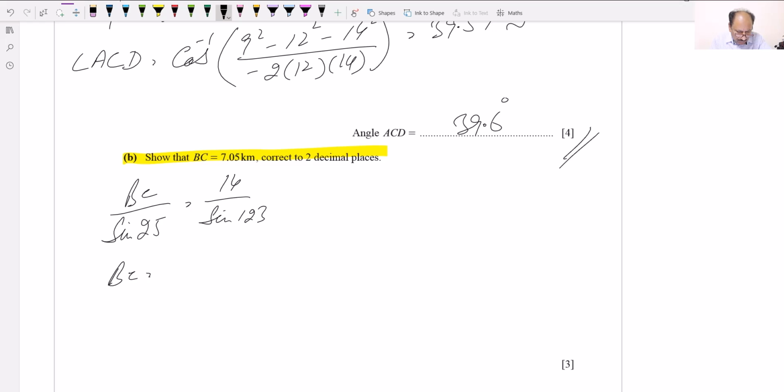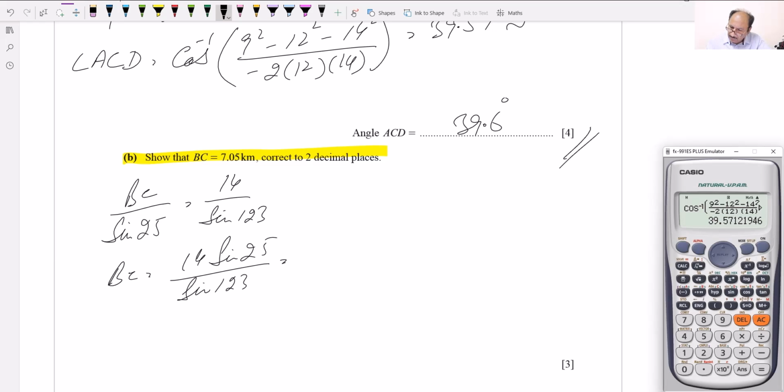So BC will be equal to 14 sine 25 divided by sine of 123, which is the fraction 14 sine of 25 over sine of 123, and this results in 7.05.